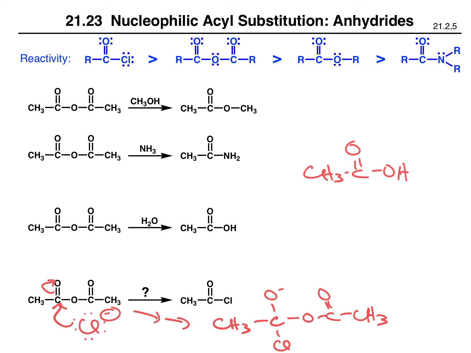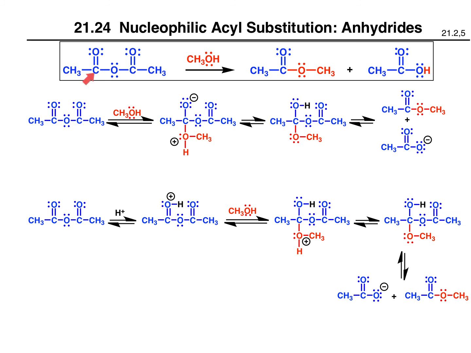Now, as these electrons collapse back in, it's a competition between this as a leaving group or this as a leaving group, and chlorine is the better leaving group. So we would just get back our anhydride. We cannot convert the anhydride to the acid chloride.